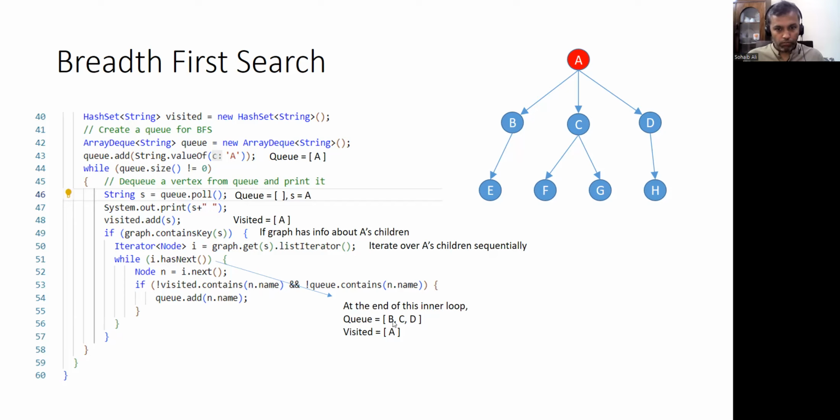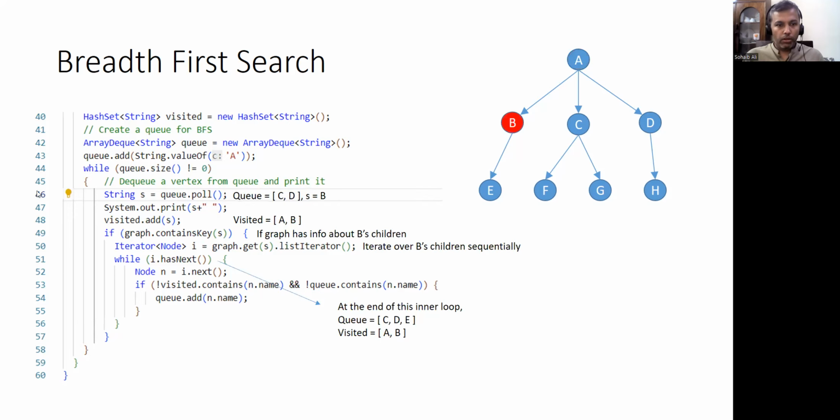Because B, C, D do not exist in this visited set, and they also do not exist in this queue. And so at the end of this while loop, once I have explored all children of A, you'll see that my queue will have all children of A, and my visited set has this A.